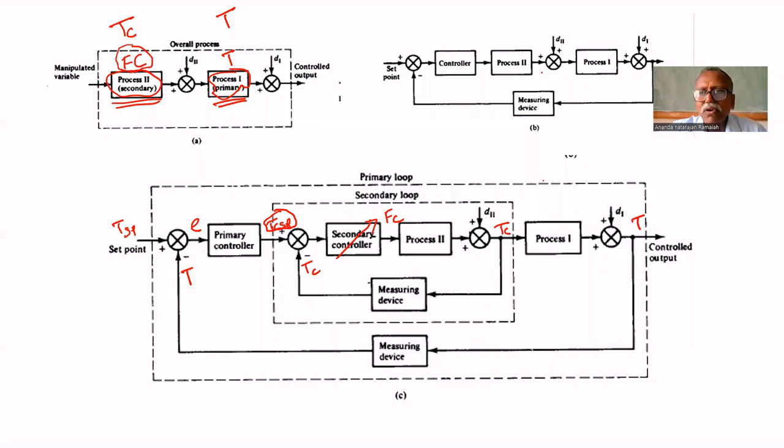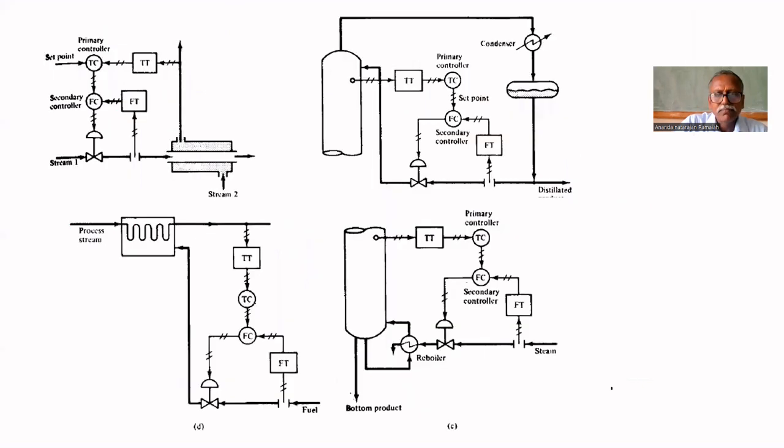But in the conventional controller, we are only measuring T. We are measuring T directly, compared with the T set point. If any deviation is there, it directly regulates the flow rate of coolant.